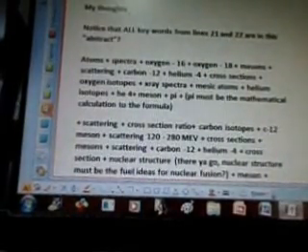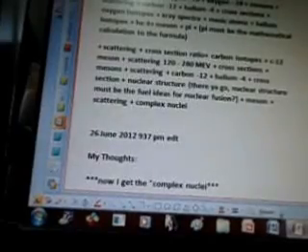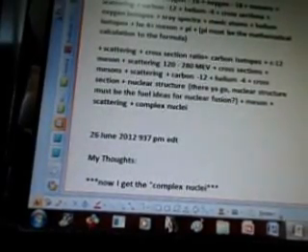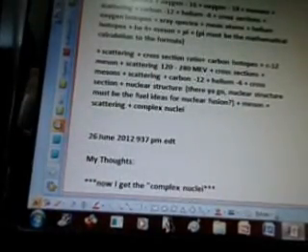Notice that all the keywords from lines 21 and 22 are in this abstract. Atoms plus spectra plus oxygen 16 plus oxygen 18 plus mesons plus scattering plus carbon 12 plus helium 4, cross sections plus oxygen isotopes plus X-ray spectra plus mesic atoms plus helium isotopes plus He4 plus meson plus pi must be the mathematical calculation to the formula, plus scattering plus cross-section ratio plus carbon isotopes plus C12 meson plus scattering 120 to 280 MeV plus cross-sections plus mesons plus scattering plus carbon 12 plus helium 4 plus cross-section plus nuclear structure.